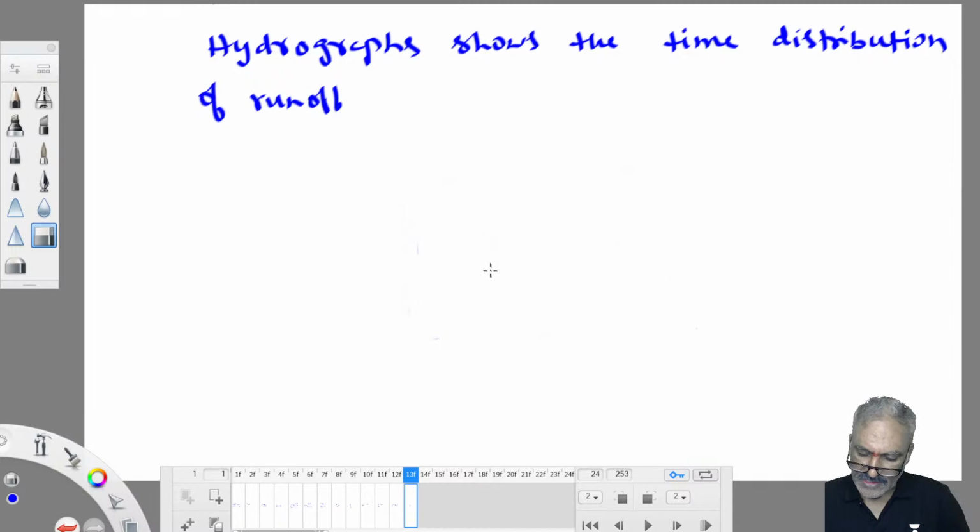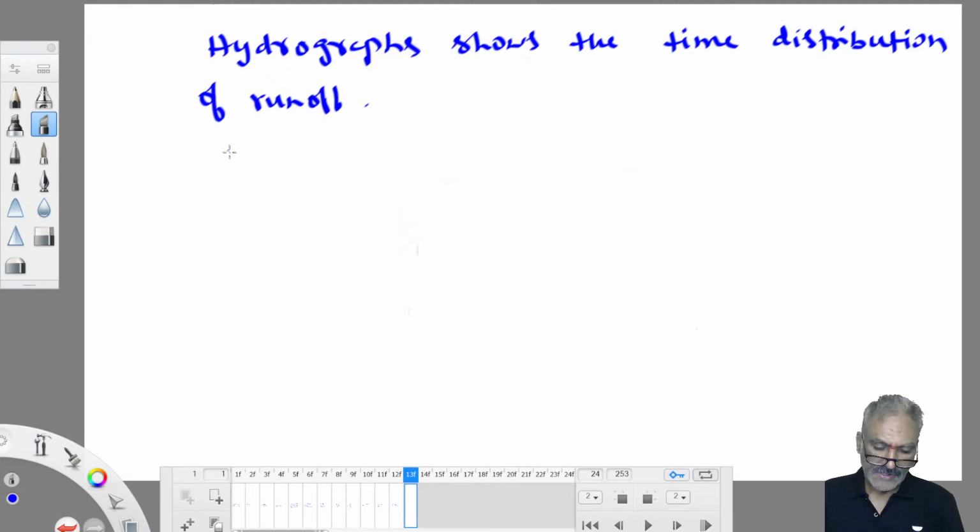That's what we try to measure with the help of the hydrograph. It is the time distribution of runoff, a response of a catchment for a given rainfall.